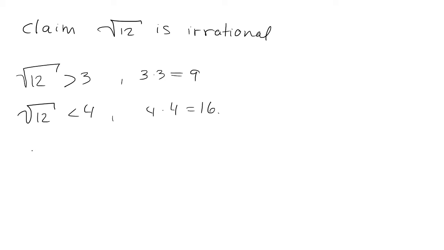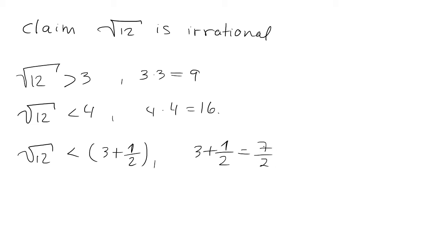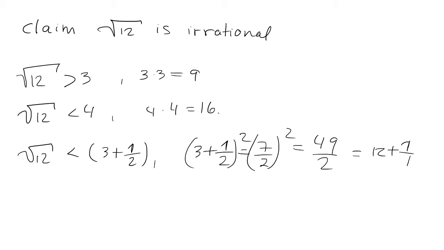We also know that the square root of 12 is less than 3 plus 1.5, because 3 plus 1.5 is equal to 7 divided by 2. And if we take the square of this term, we end up with 49 divided by 4, which is equal to 12 plus 1 divided by 4.